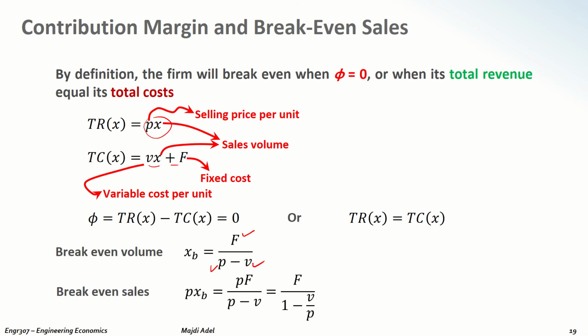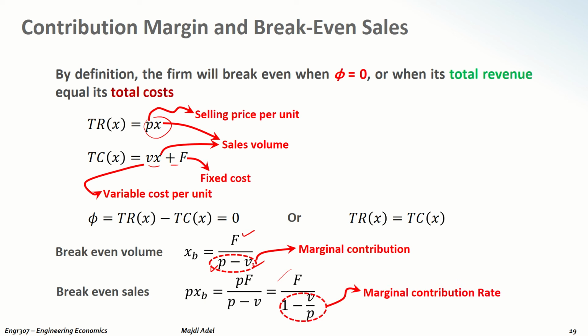Or we can find the break-even sales, the rate of sales that makes me break even, which is the break-even revenue, equal to PF over P minus V, or rearranging the equation we get this equation. This P minus V we call the marginal contribution, and 1 minus V over P is called the marginal contribution rate, and both of them have different applications for business or decision making.